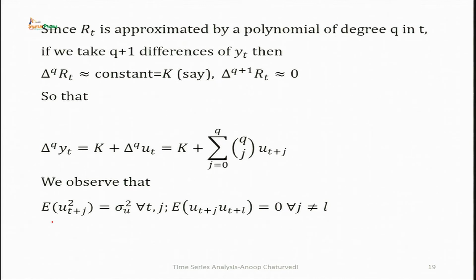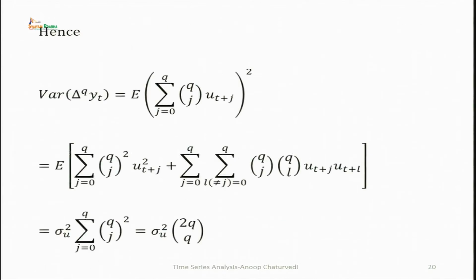Expectation of u square t plus j is equal to sigma square u for all t and j, and expectation of u t plus j u t plus L is equal to 0 for all j not equal to L. Now, you can easily obtain the variance of delta q y t, which is equal to expectation of summation j equal to 0 to q, q c j u t plus j whole square.